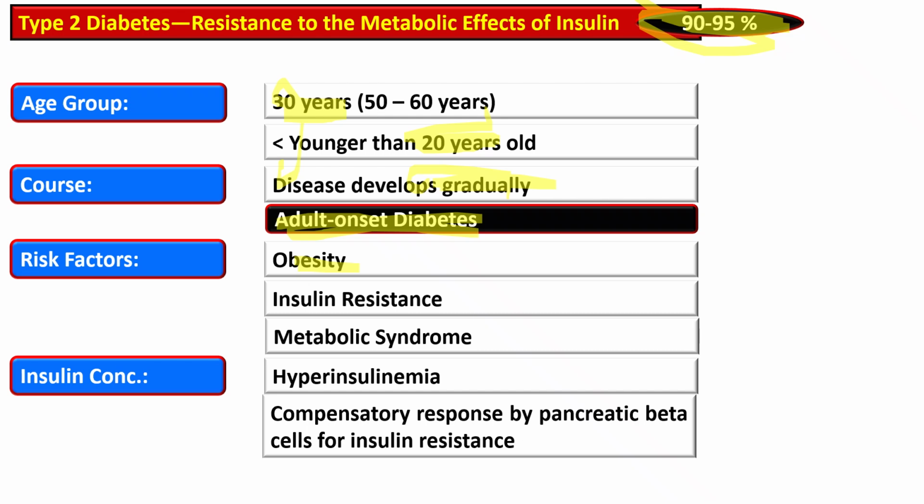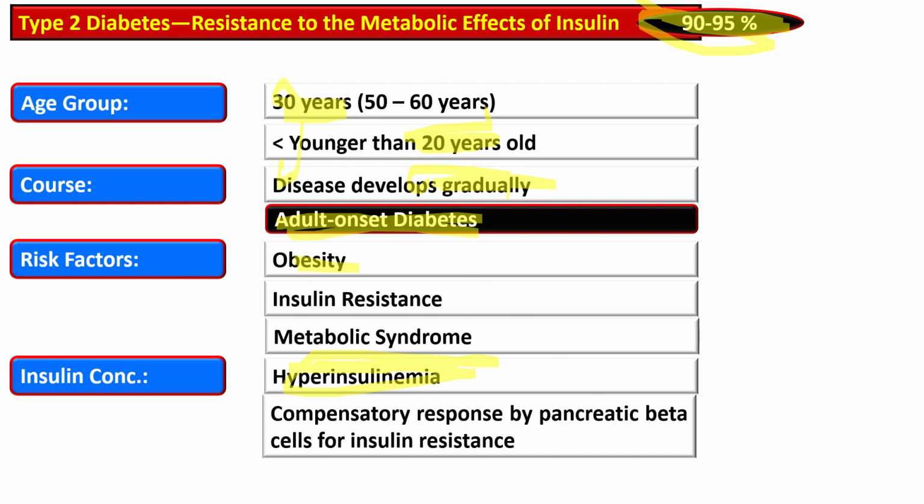Unlike type 1 diabetes, the insulin levels are often high in type 2 diabetes in early stages as the pancreas attempts to overcome the resistance to insulin. Over time, these pancreatic beta cells exhaust and reduce the insulin secretion.